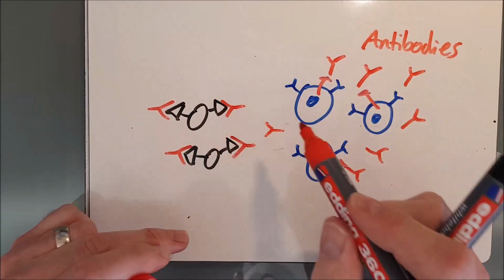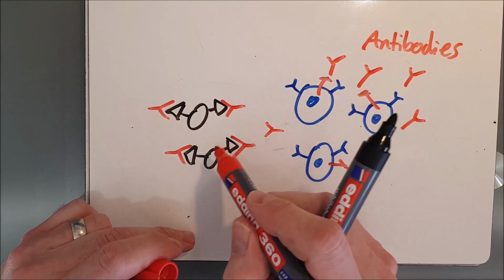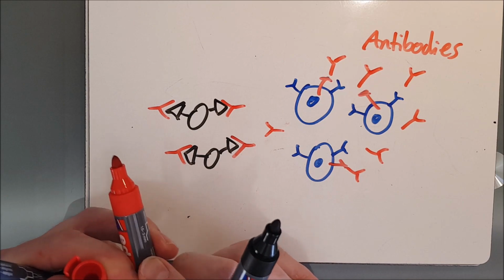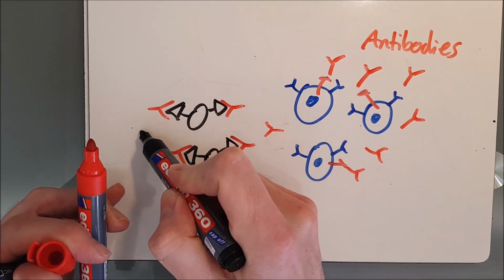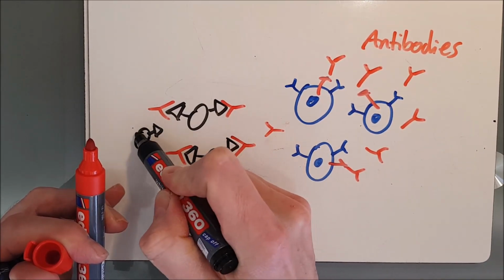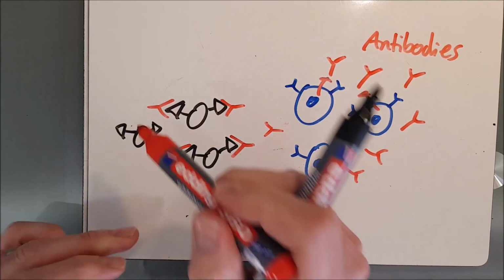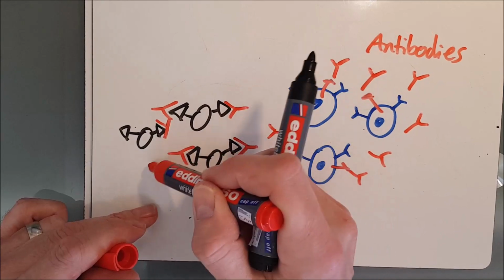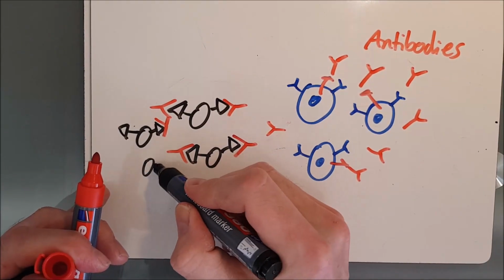And what that means is that the microbes are sort of incapacitated, and also they start getting clumped together because the antibodies can actually bind to two antigens at the same time. They're a bit of a double structure, so we'll draw them joining up.